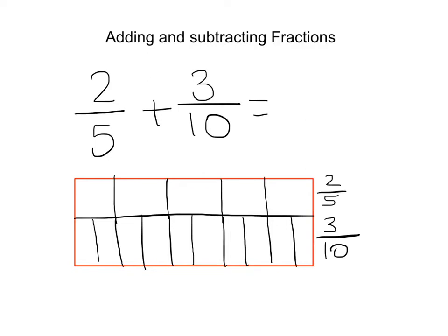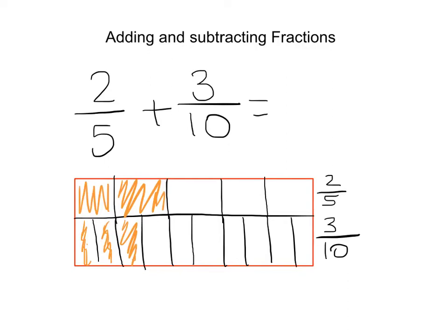This one lends itself nicely to a model, because right off the bat, some of you may notice that these fifths actually represent 2 of the tenths. See this? The way they take up two spaces equals 1 of these. So I can turn 2/5 and 3/10 into 1, 2, 3 of these plus 2 of those.